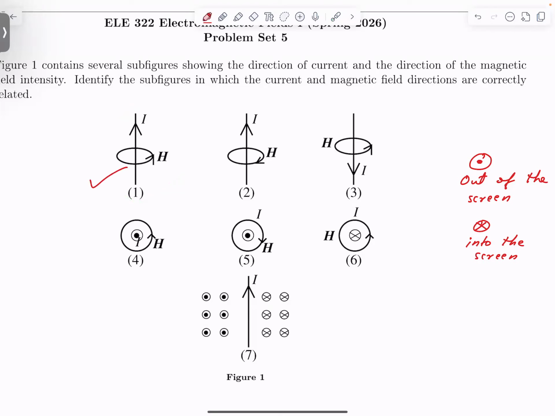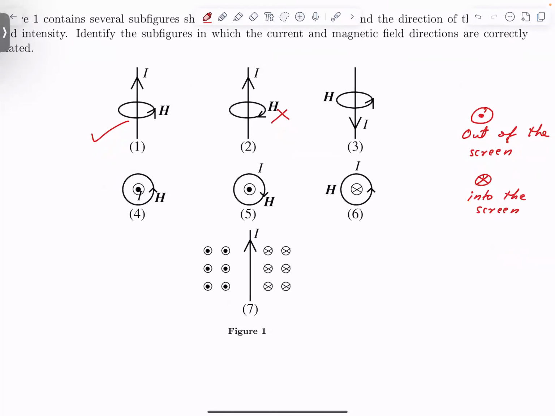What about the second one? The second one is just the opposite of the first one, right? So this has to be wrong. So why don't you look at the rest of the figures, and we'll call this classwork 2. Write the numbers that are correct. So we'll write 1, comma, what else will go on that list?